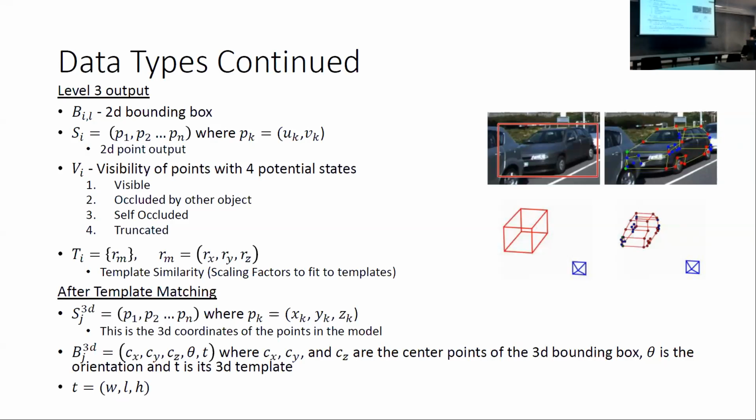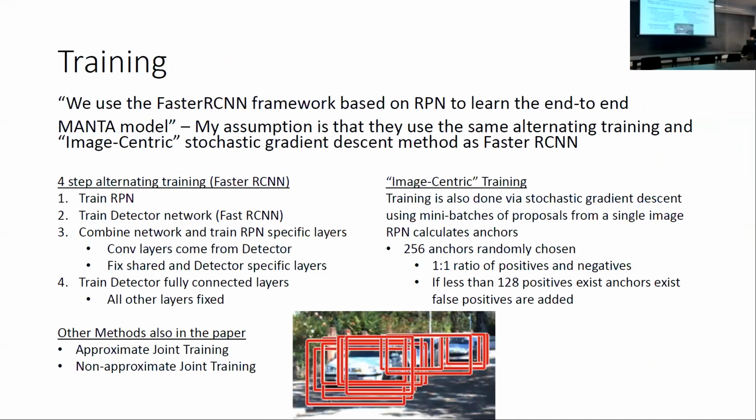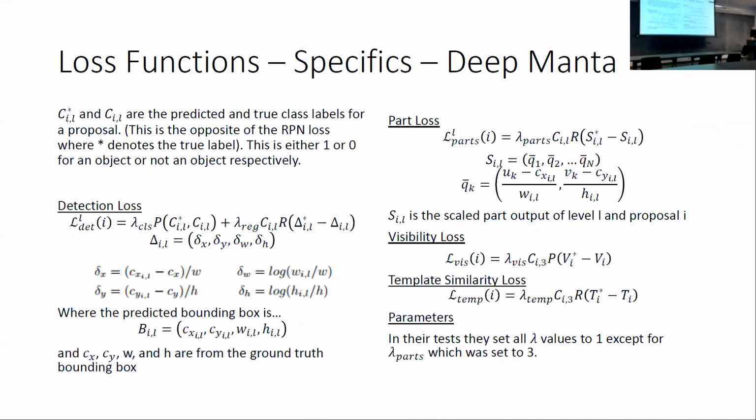So let's go back to here. Visibility loss is just whether you're right about if it's visible or not, and then template similarity loss. Smooth L1 loss from just scaling of what the actual bounding box is.